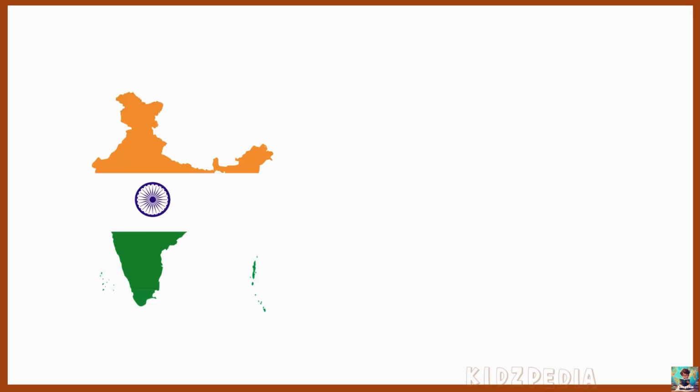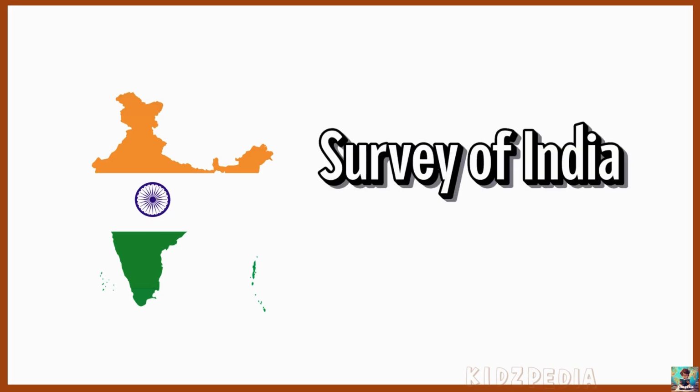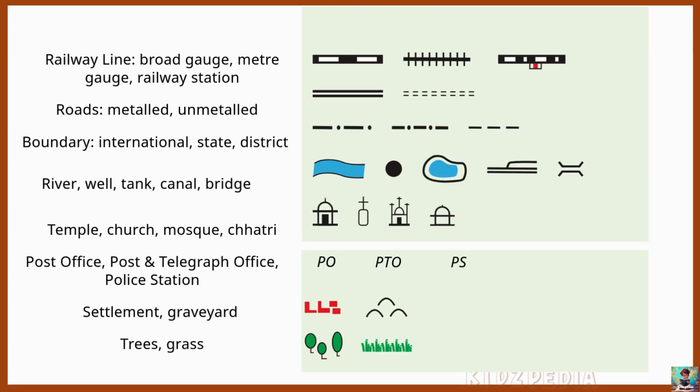In India, the government has a special department called the Survey of India. They have a fixed set of symbols that are used on all official maps of India. This means any map made by the Survey of India will use the same symbols so people can understand them easily. A small selection of them is shown in figure 1.2 on page 12.